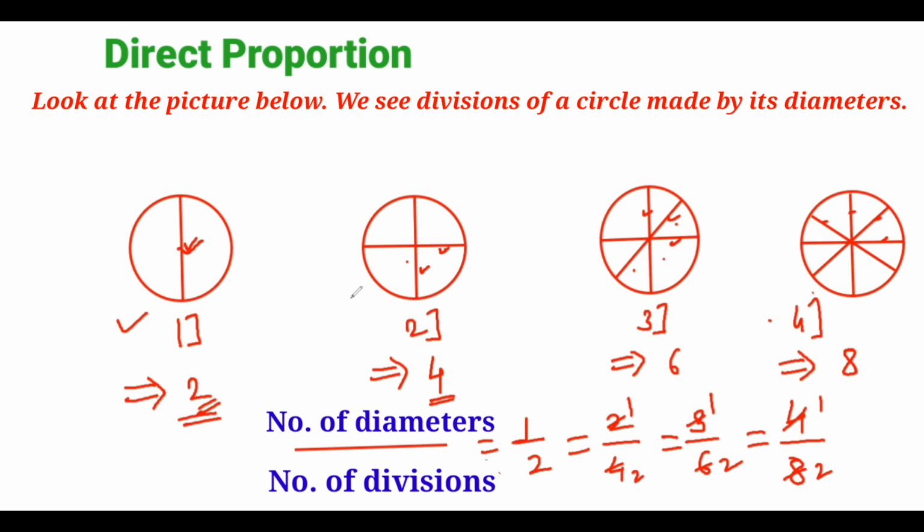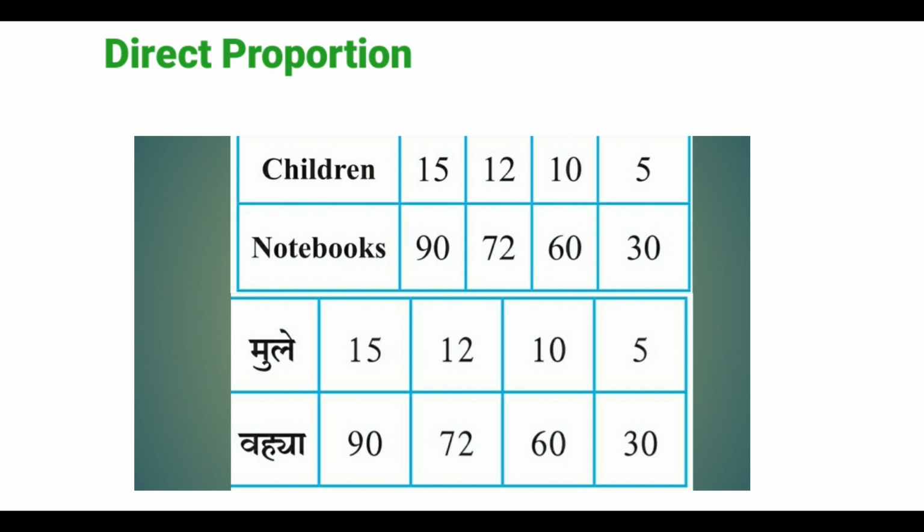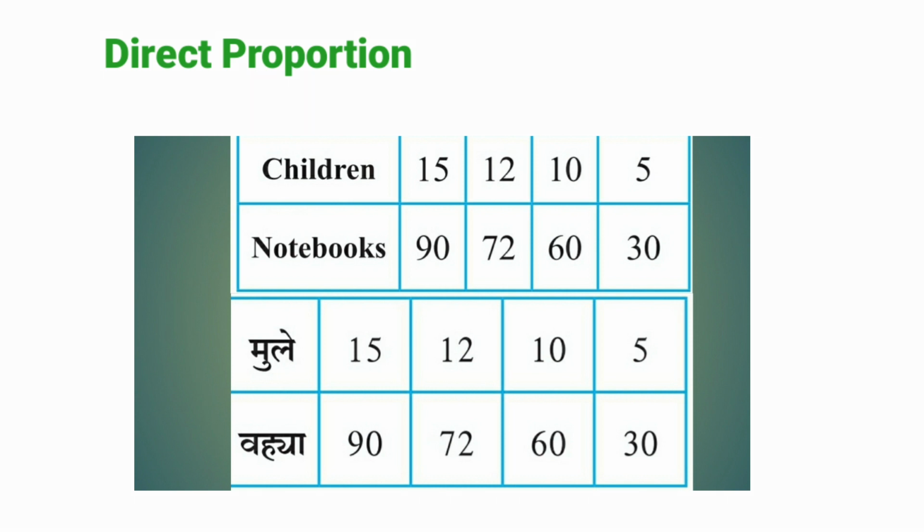Now we are also observing second example. There are the number of notebooks that the students of government school received. Look at here. Number of children and number of notebooks: for 15, 90; for 12, 72; for 10, 60; for 5, 30.